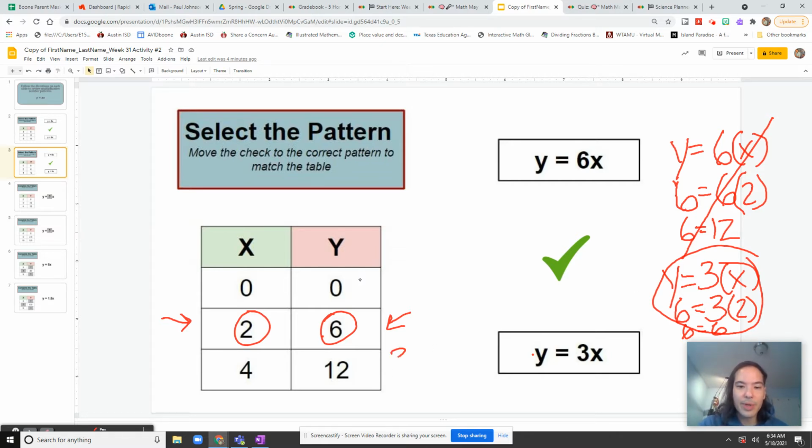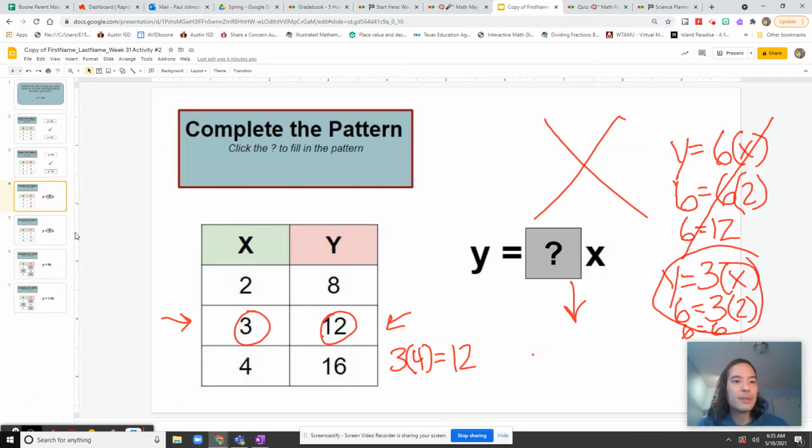Can we multiply 3 times 4 and get 12? Yeah, we can. So we took 3 times our x value of 4, and it gave us y value of 12. So 6x doesn't look like it works. Times 3 looks like it works. All right, so 2 pages down, on to the next one.